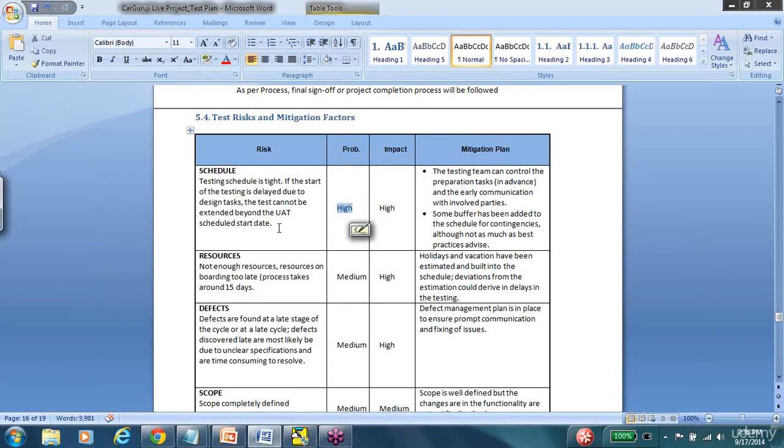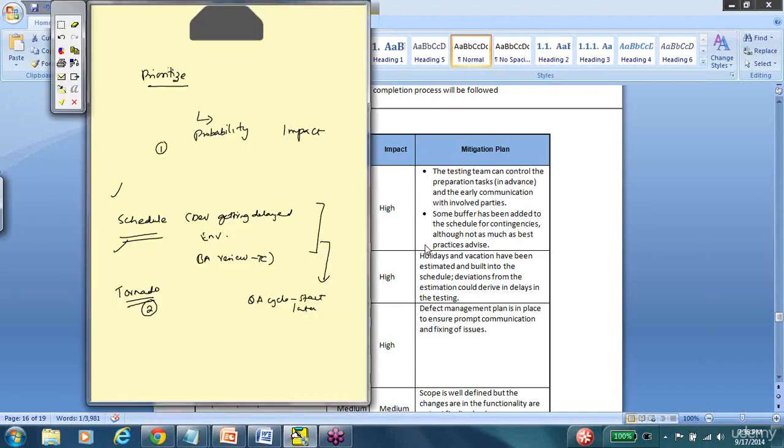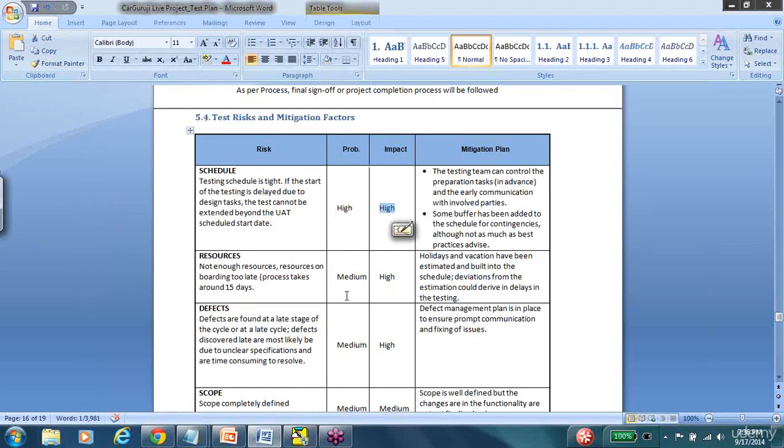For the schedule going wrong, there is a high probability. The impact is also high because when you lose precious testing time, the already little testing time that we have, the impact is huge. Then resources. If there are not enough resources, you would plan accurately, or you would maximally utilize the resources that you already have. So that's a medium risk. But if that does happen, if you don't have enough people to test, that will have a detrimental impact.